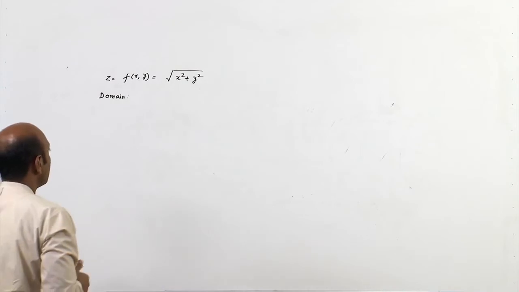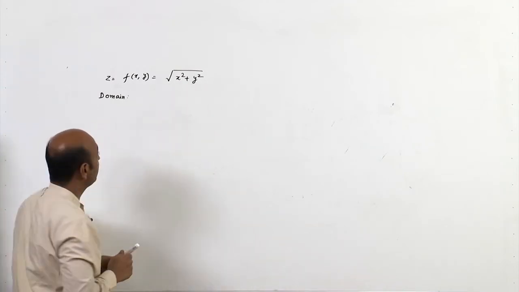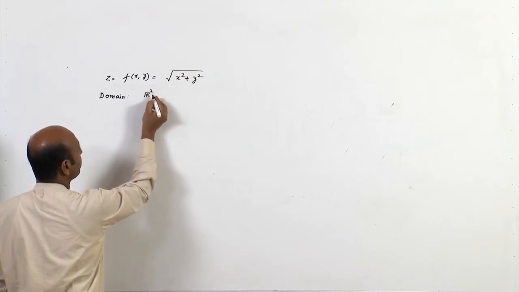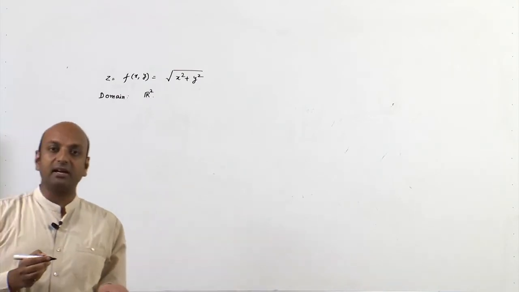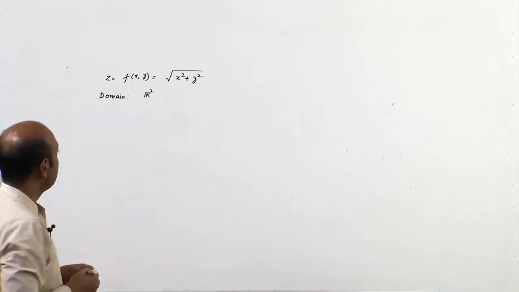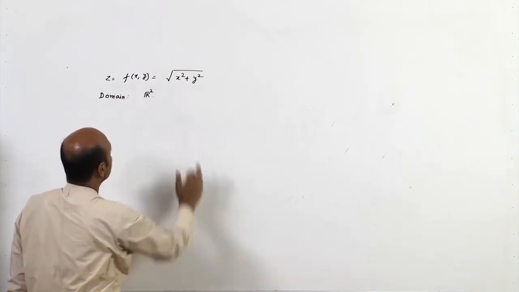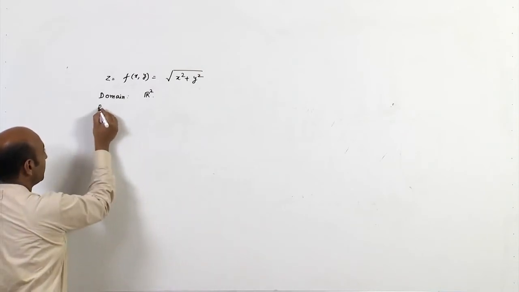So, this is always non-negative for any (x, y) in R. So, we say that the domain is the entire R2. You take any element (x, y) in R2, x squared plus y squared is always greater than or equal to 0.